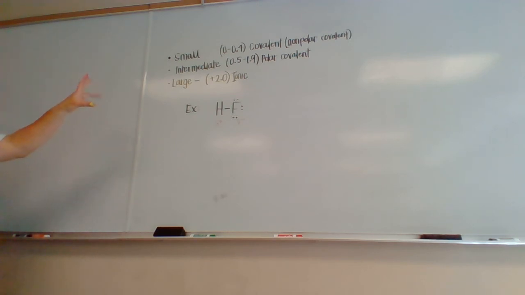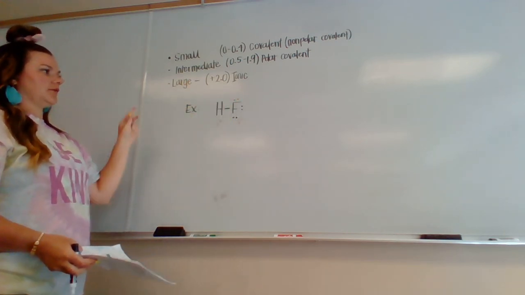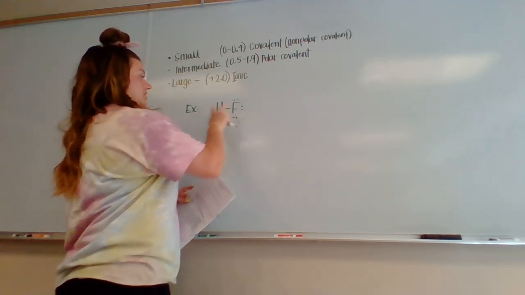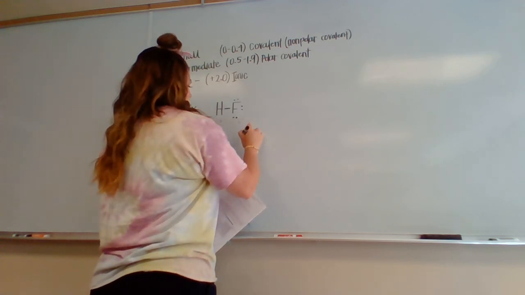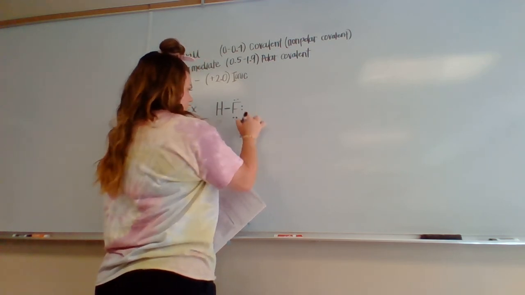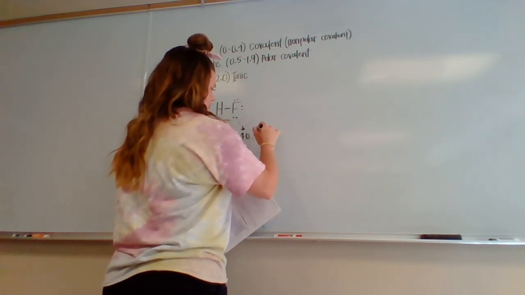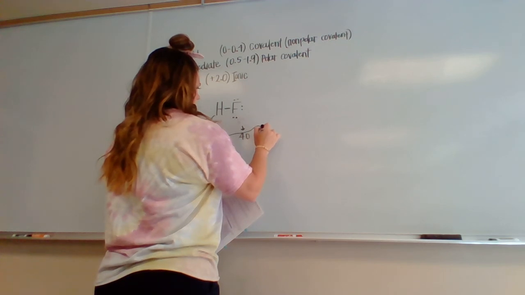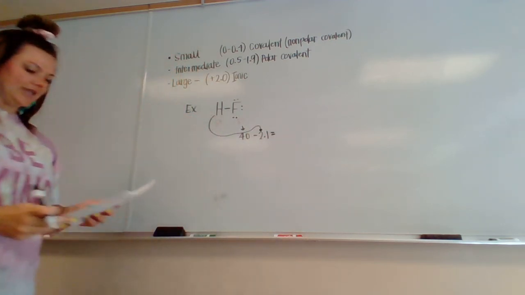So I told you that it was polar, and I had a partial positive pole on hydrogen, partial negative charge on fluorine. How do I know that? Well, if we take the difference in fluorine and hydrogen's electronegativity, so if I say 4, that's fluorine's electronegativity, minus 2.1, which is hydrogen's electronegativity, what do I get?